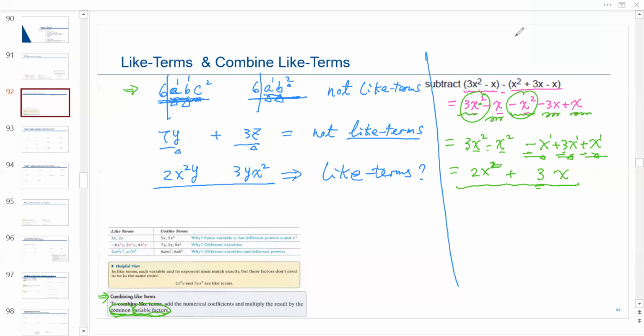Iris, please unmute yourself. Answer the question. I think they're not like terms. Okay, Iris is saying it's not like terms. Angie. Anna: I think they are like terms.